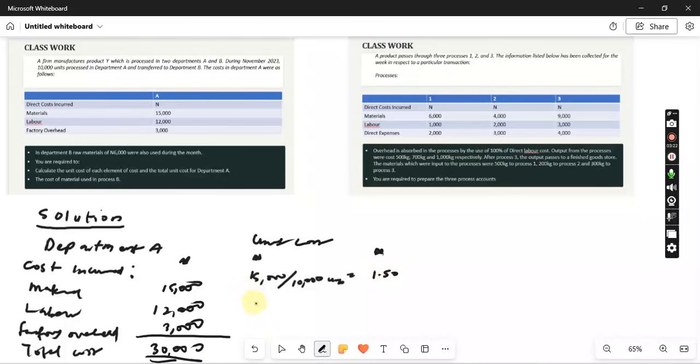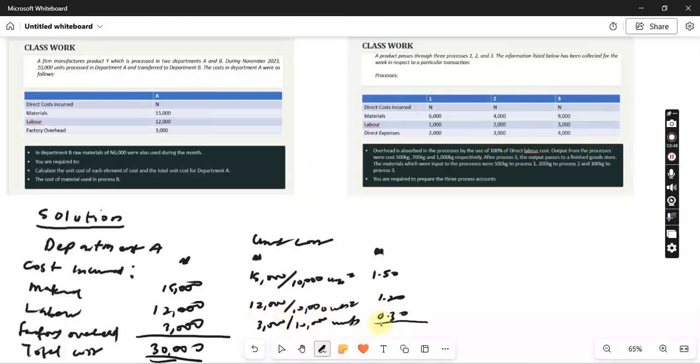That's for material. For labor, 12,000 divided by 10,000 units equals 1.20. And for factory overhead, we have 3,000 divided by 10,000 units. So that's going to be 0.30.